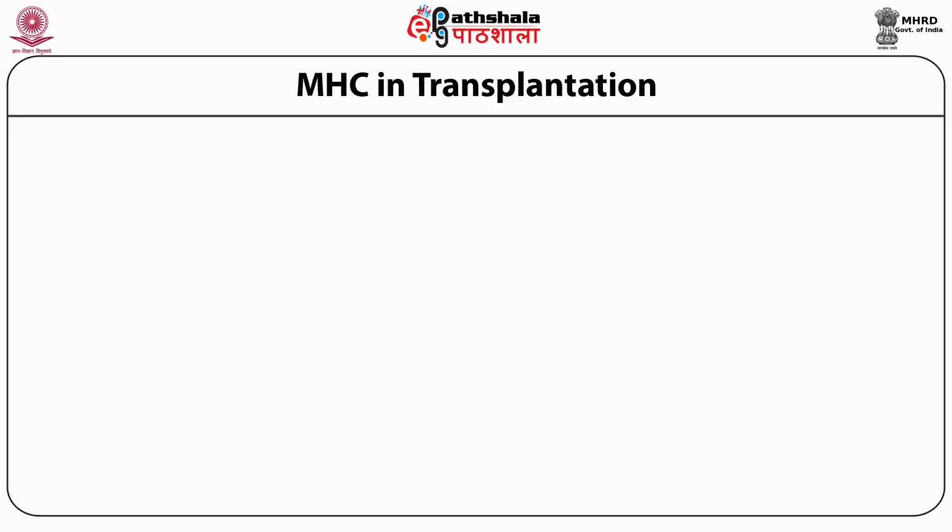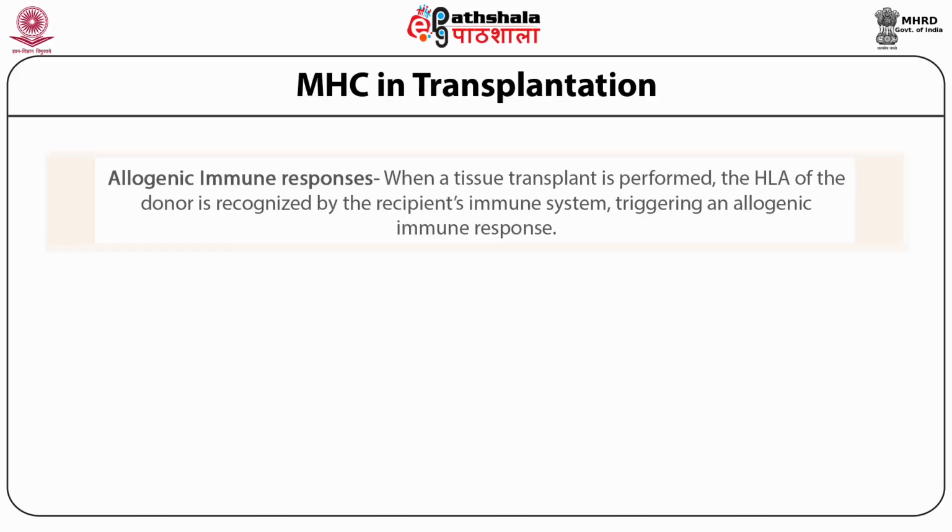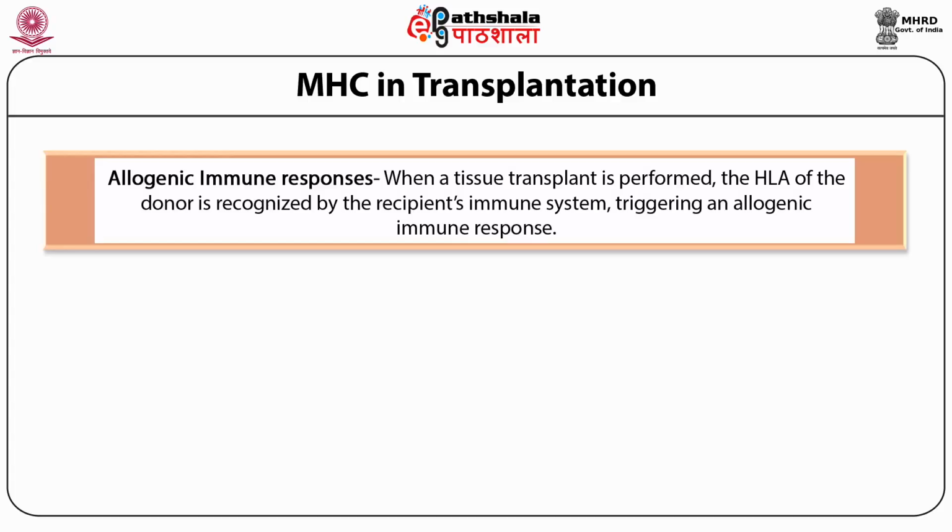The major histocompatibility complexes are very important in transplantation immunology. The allogeneic immune responses: when a tissue transplant is performed, the human leukocyte antigen of the donor is recognized by the recipient immune system, triggering an allogeneic immune response. Allogeneic means within the same species.